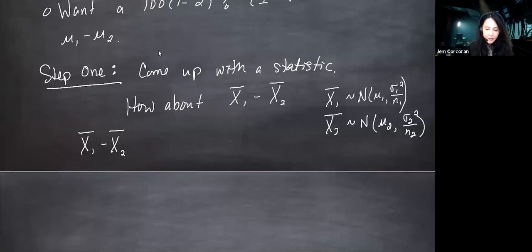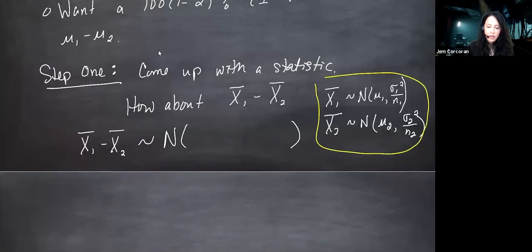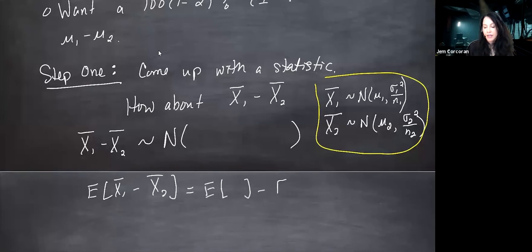But in our case, they are independent, and this is normal because it's a linear combination of normals, and we know the mean. We know the expected value of x1 bar minus x2 bar. That's the expected value of the first guy minus the expected value of the second guy, and that's mu1 minus mu2, which is unsurprising.